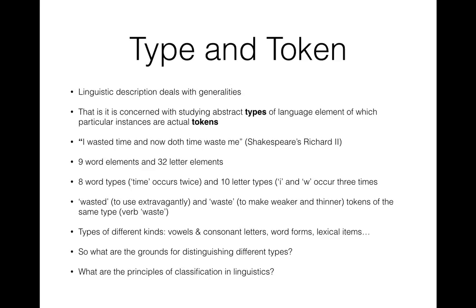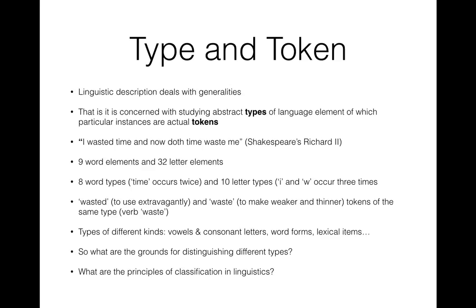Yes, please. In the example, the 8 word types, I didn't understand. Where are the 8 word types? Yes. If you take wasted here and waste here, they come from the same type, which is waste, the verb waste. So they are counted as one. Here you have 2 tokens.